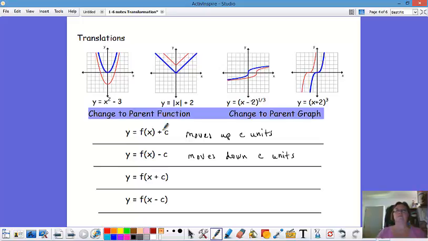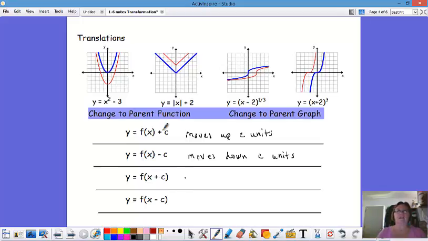So we're going to just remind you that when you see that subtraction or addition inside the parenthesis, the actual move is in the opposite direction. Here we're talking about taking the cube root function and moving it to, it says plus 2, but what happens is that focal point again, that center point, moves 2 to the left.